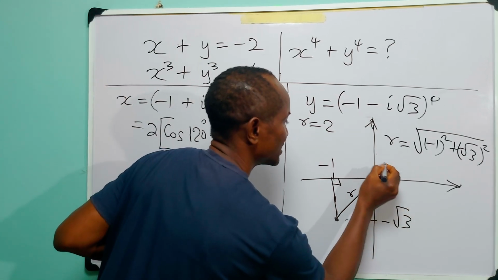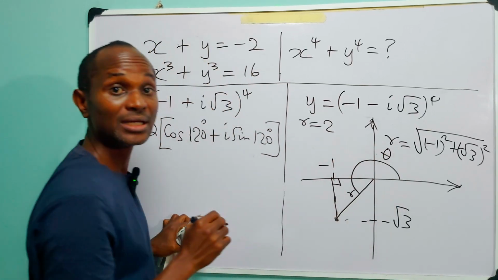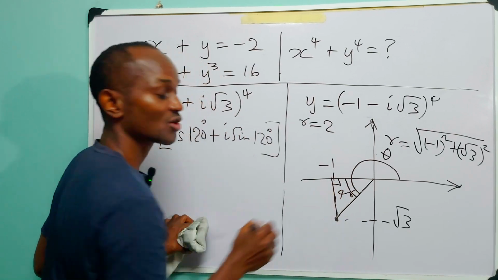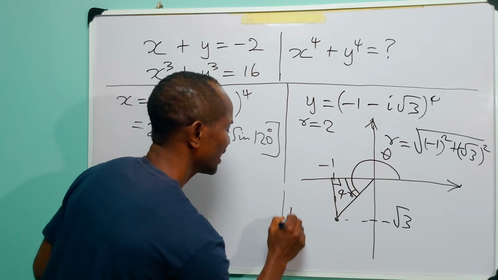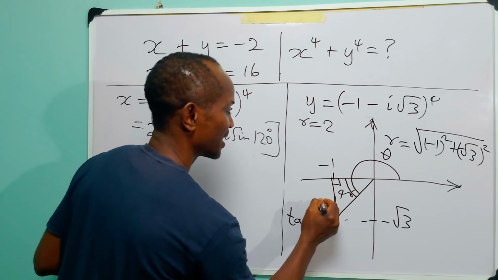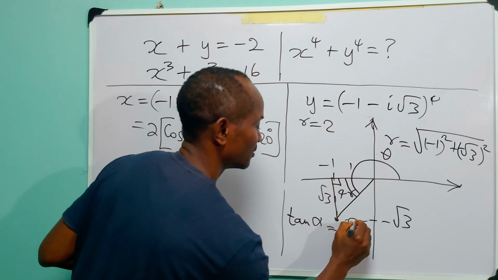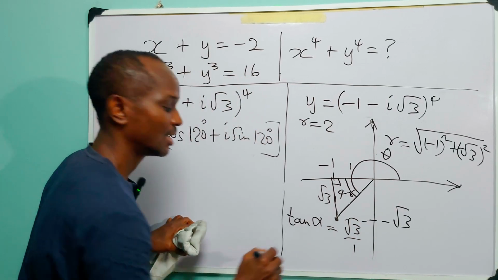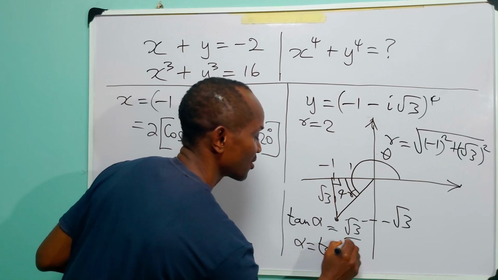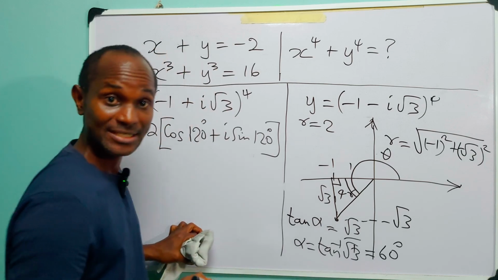Now, this is the angle that we are looking for, this big theta. But we can calculate this one. Once more, let us call it alpha. And we know that tan alpha is equal to root 3 over 1, because here is still root 3 and here is still 1. And alpha is equal to tan inverse of root 3, and this is still equal to 60 degrees.